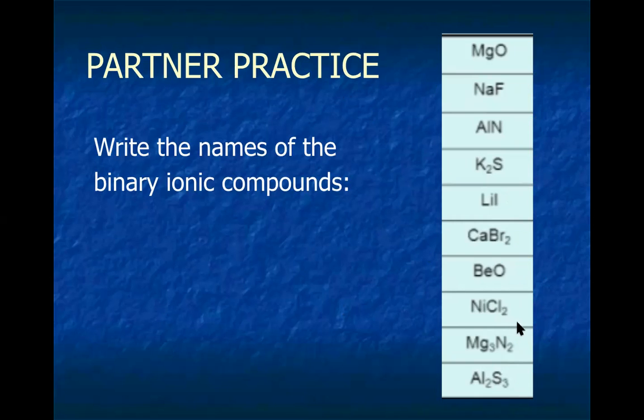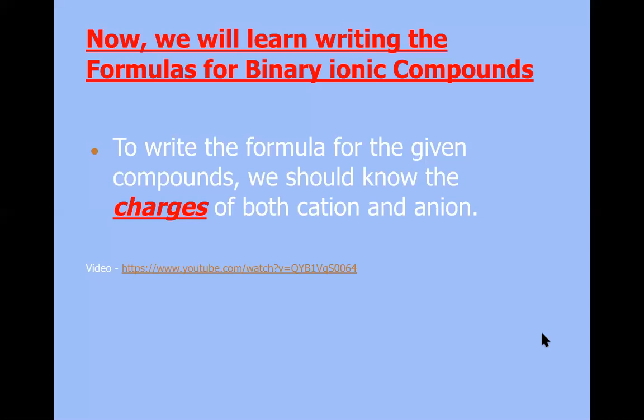What we are going to see in the next slide is maybe the opposite. Up to this slide, when the formula is given, you write the names. Now we are going to do the reverse. The names will be given, and you have to write the formulas.